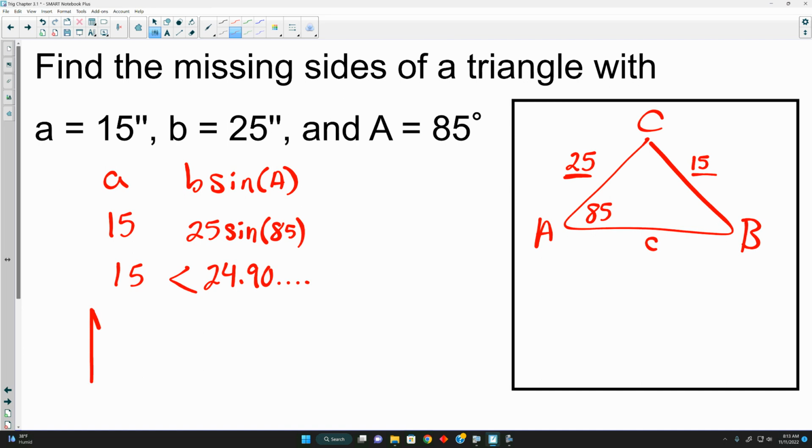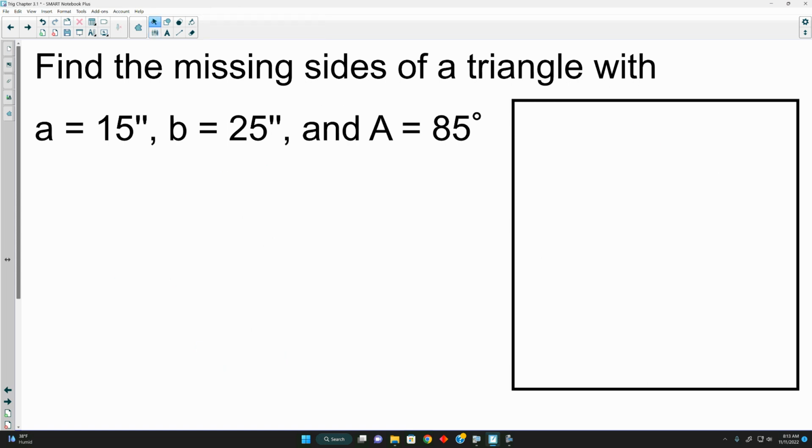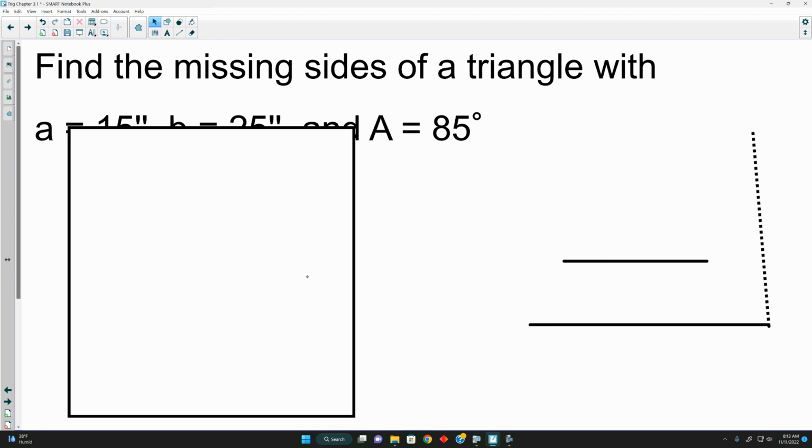So this here is no solution. Questions on this here? Now, you're probably wondering why there was a weird box located on the page. So this here, let me draw.